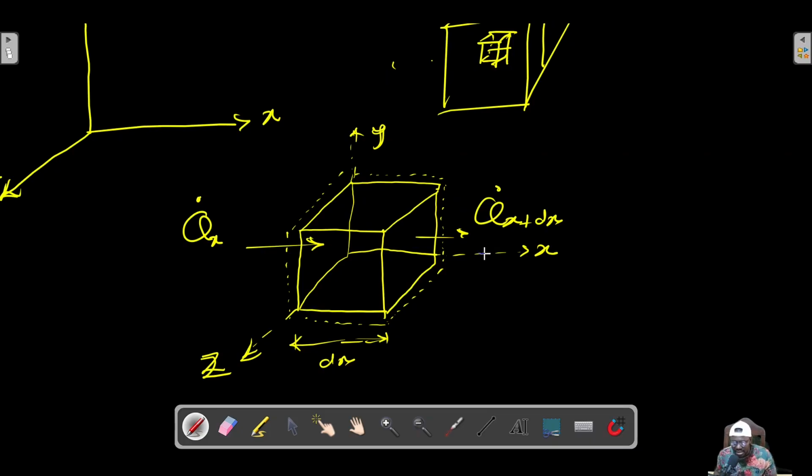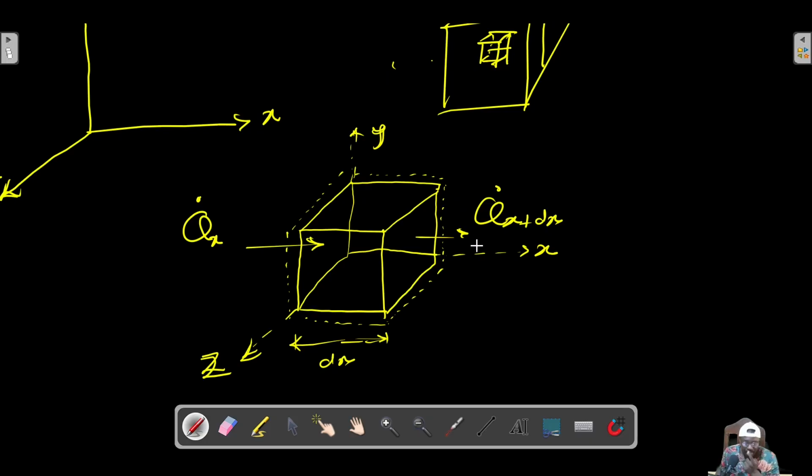After I've left the boundary of the dx, the quantity of heat will be Q dot subscript x plus dx.